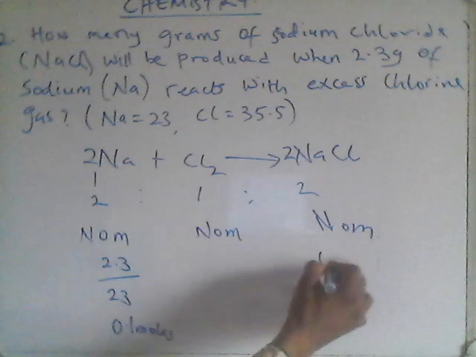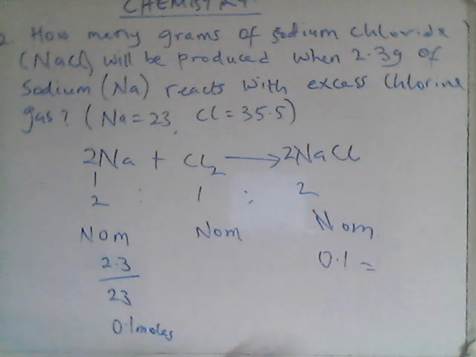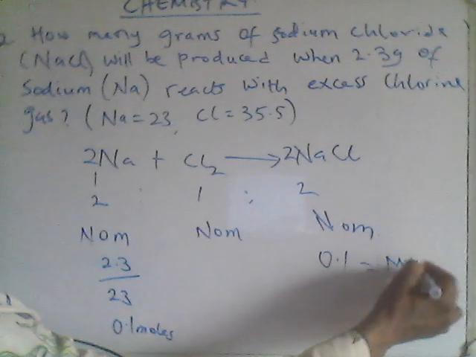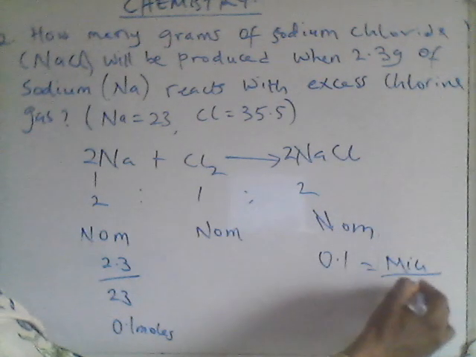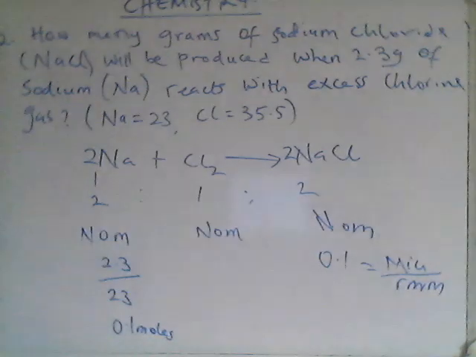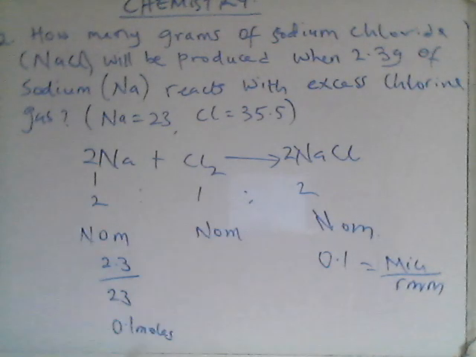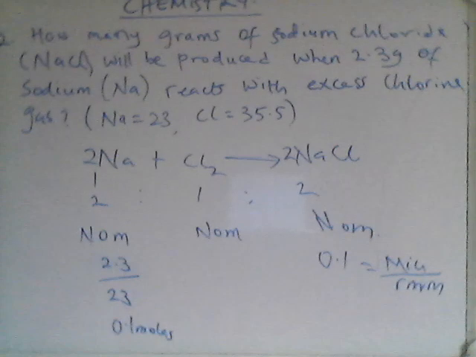So the number of moles is 0.1, but we're told to look for the mass. So mass in gram over molar mass. I can get the molar mass from sodium chloride. So how do I get it? I'll put 2 outside to get the molar mass of sodium chloride.